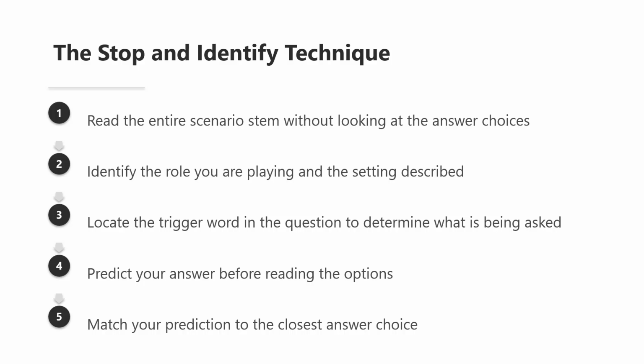Fourth, before you even glance at the answer choices, predict what you think the correct answer should be based on your knowledge. This mental prediction acts as an anchor that protects you from being swayed by clever distractors. Finally, compare your prediction to the 4 answer options and select the one that most closely matches.